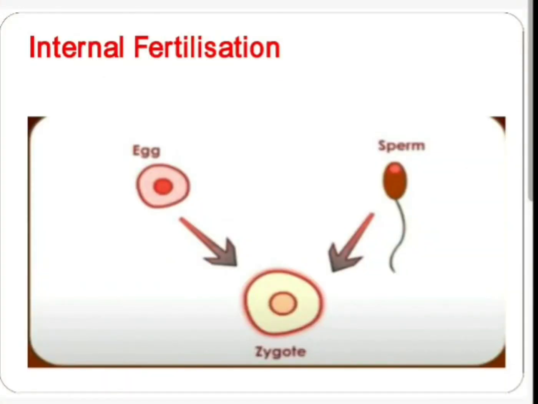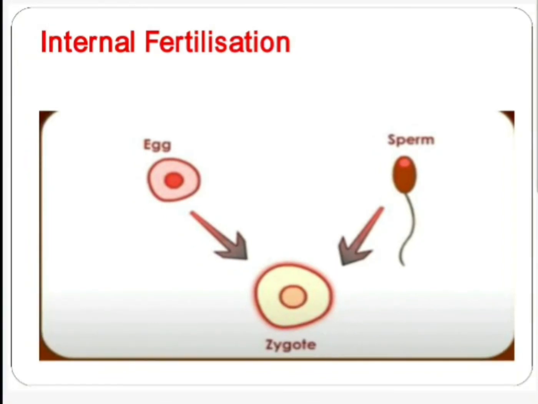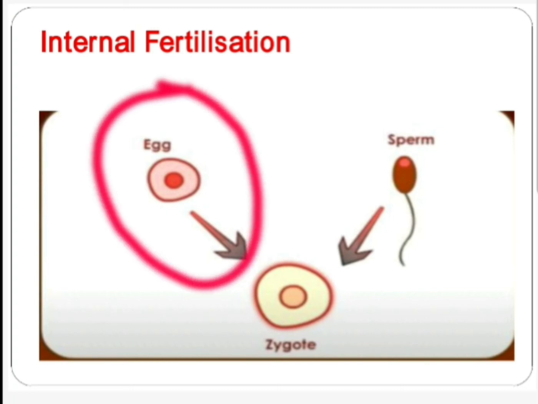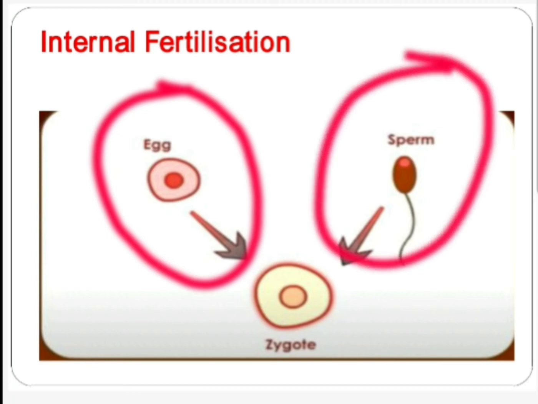And there are two types of fertilization. First, internal fertilization, and second, external fertilization. Now first, internal fertilization. The process of fertilization is the meeting of an egg cell from mother and a sperm cell from a father.